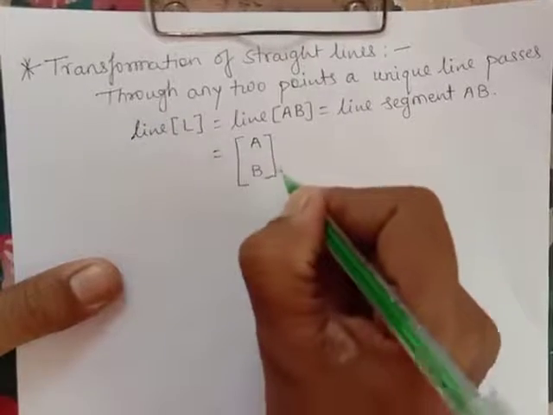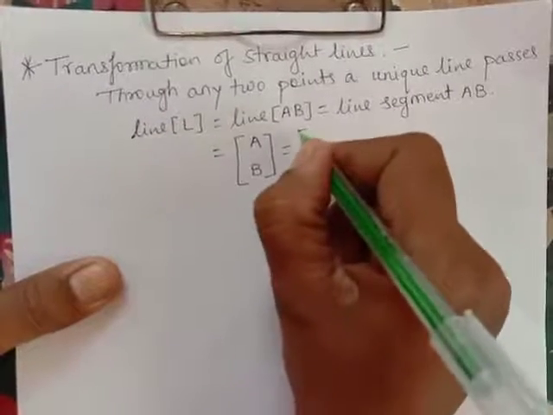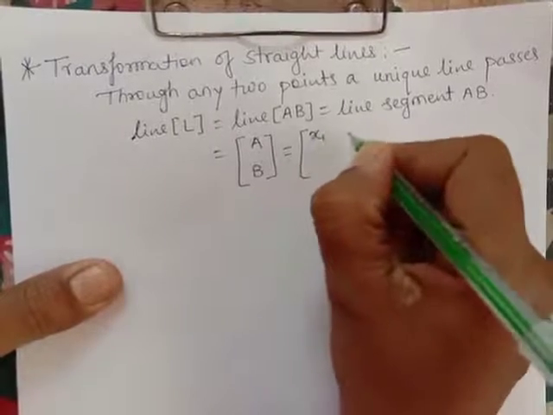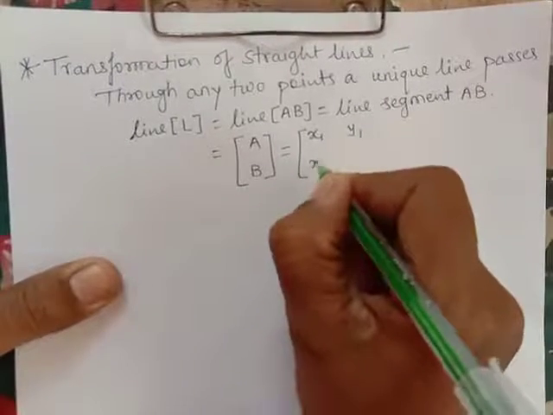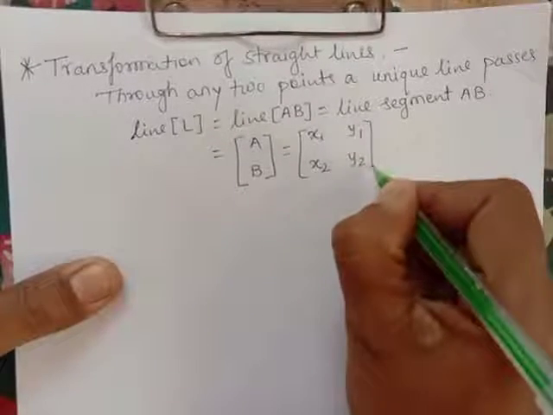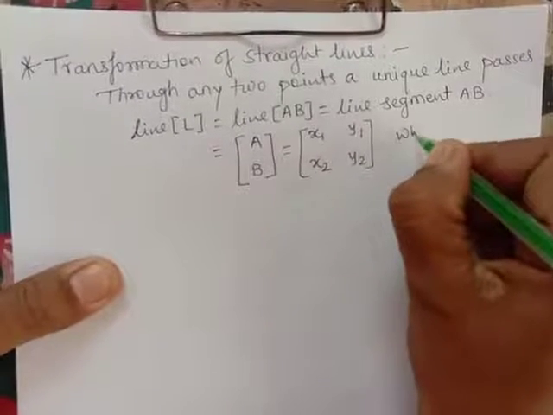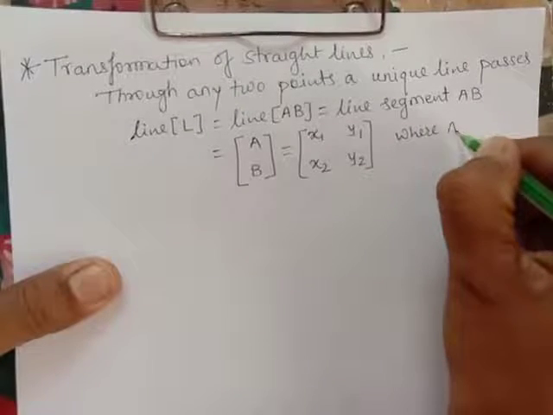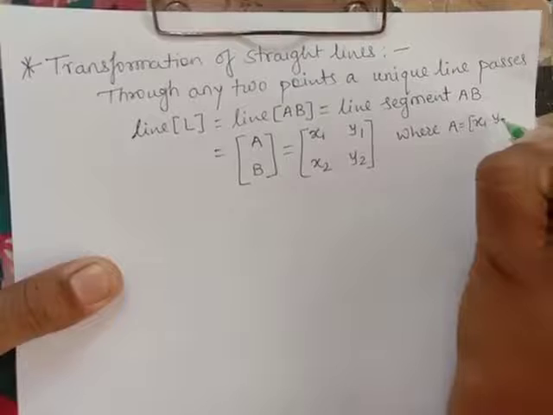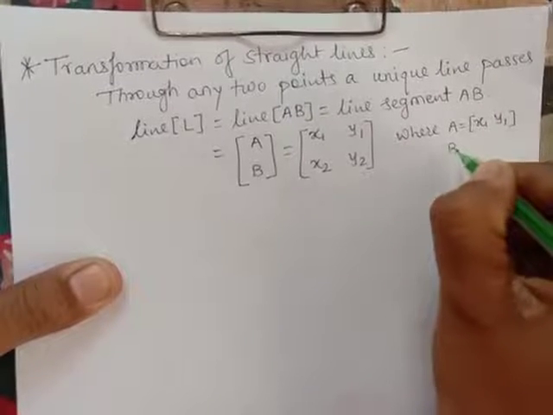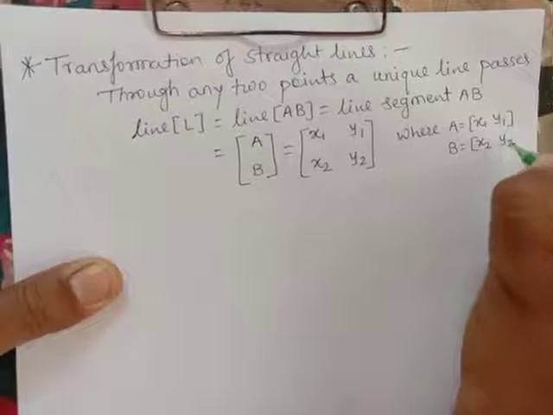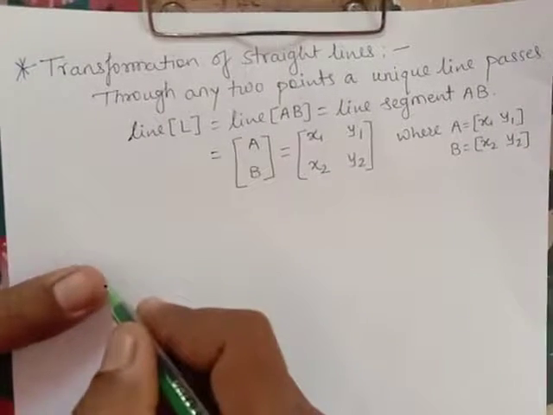Now suppose we consider A having the coordinates x1 y1 and B having the coordinates x2 y2, where A is x1 y1 and B is x2 y2. Fine, this one.